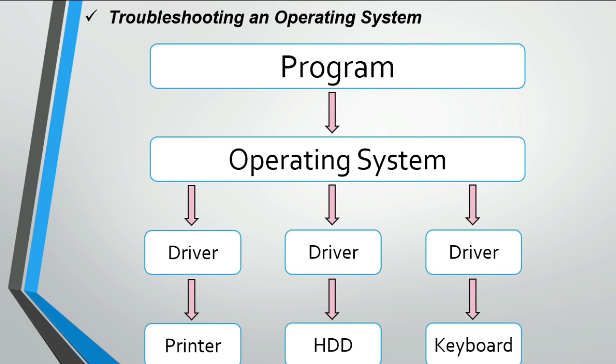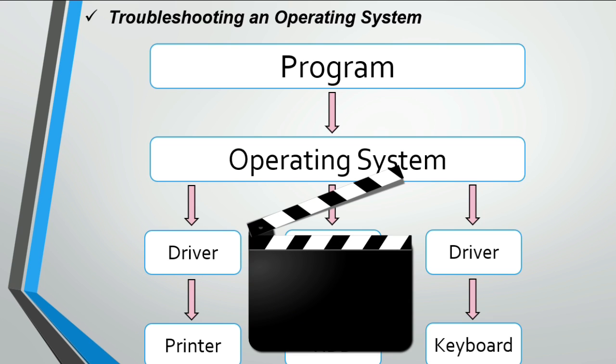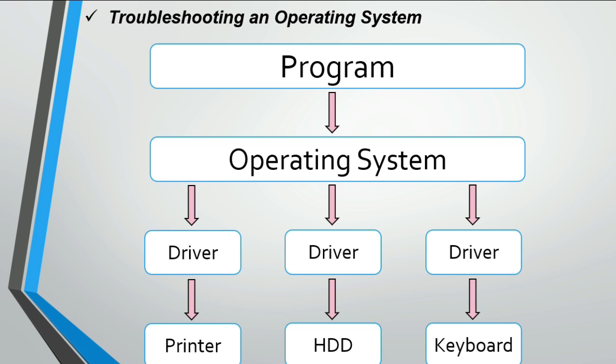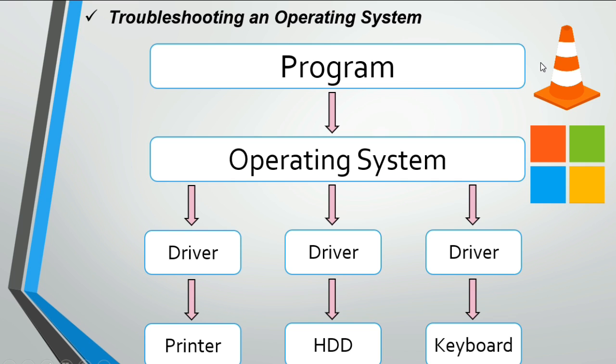If you have, for example, a movie in your laptop and you want to watch a movie that you have on your desktop, first of all, you should have an operating system installed, for example, Windows 10. And to watch this movie, you have to have a video application, for example, the VLC application, and also the driver for your graphic card must be installed.